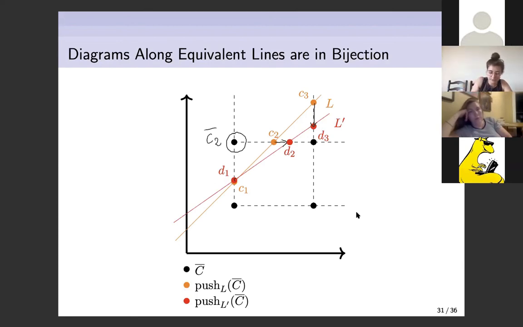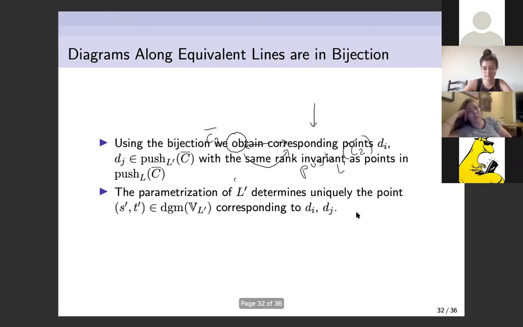So first we send C2 to C2 bar, and then we want to obtain a point on L prime. This time we use the push: we push C2 bar onto L prime, and this is how we obtain D2. Using this bijection between these two sets, we can obtain the corresponding points on the line L prime.